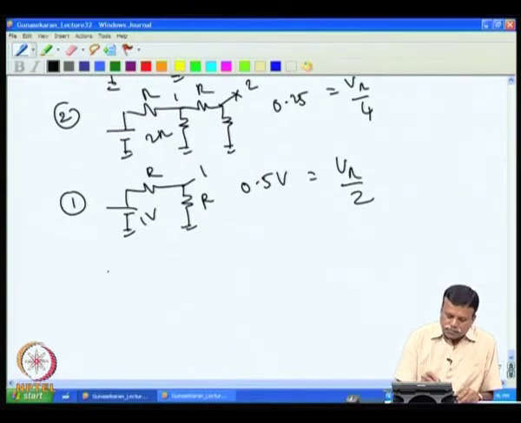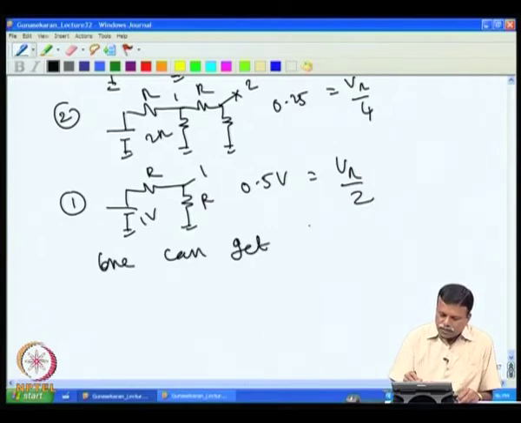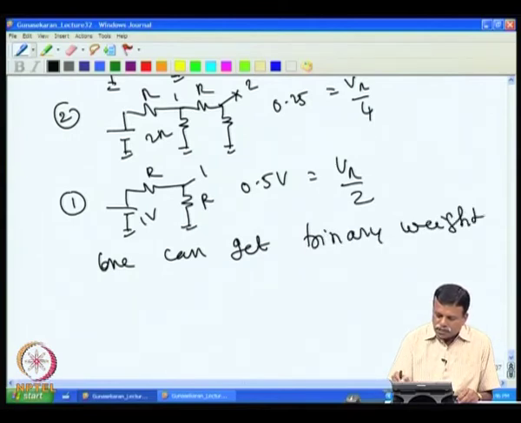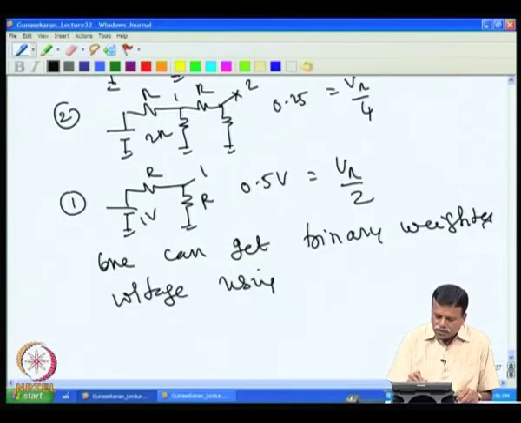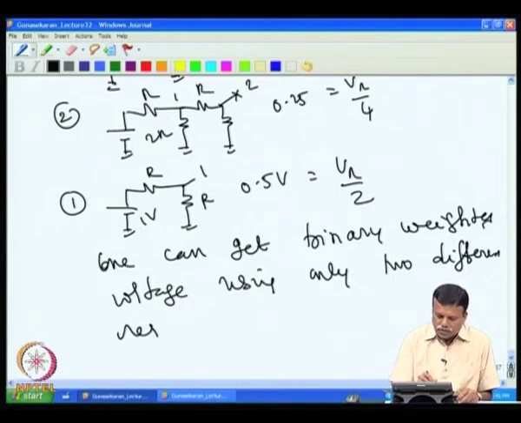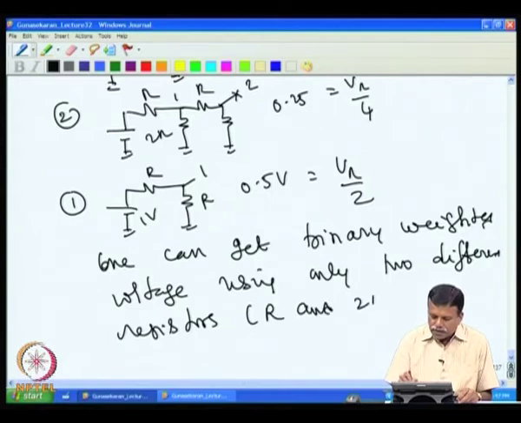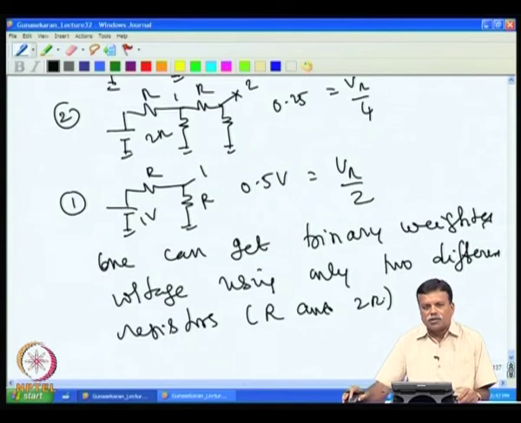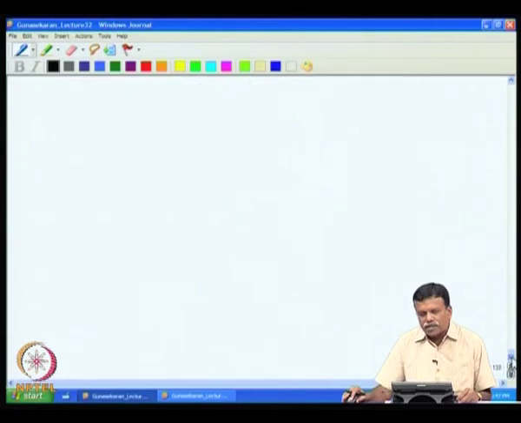So one can get a binary weighted voltage using only two different resistors, that is R and 2R. So this is easier to fabricate with high accuracy. That is why this type of converter is very popular.